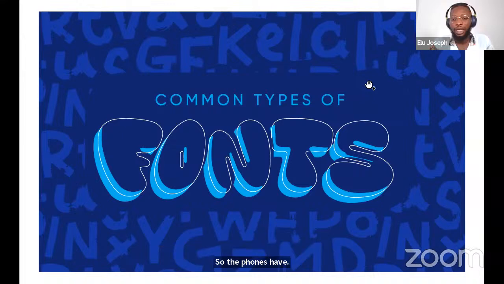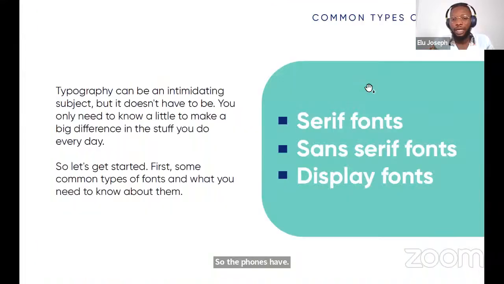So serif fonts, sans serif, and display fonts. And remember I mentioned that display fonts have a lot of other categories under it, from the fancy font to the script or handwritten cursive, like you see that I use the Old English font falls under display.